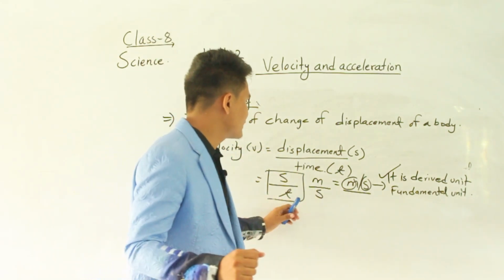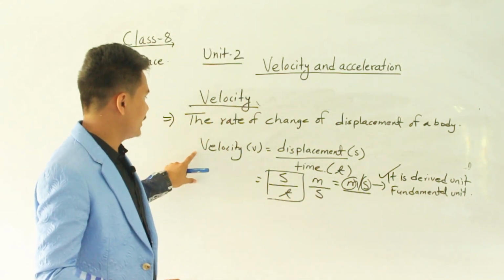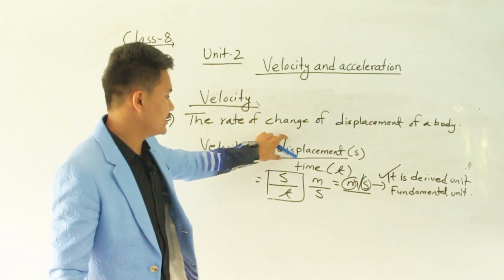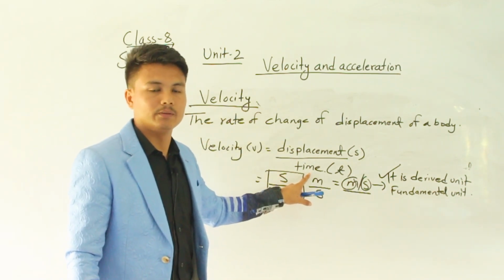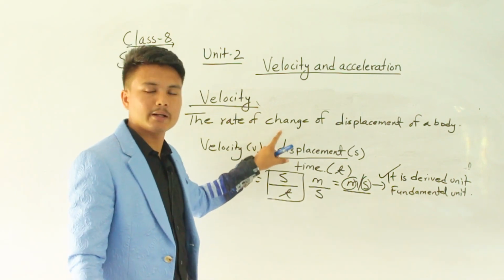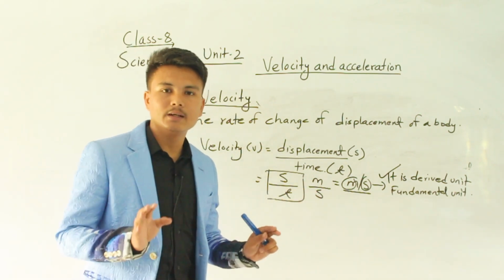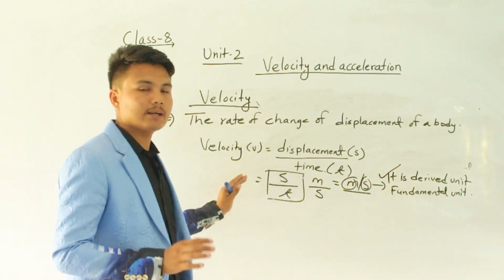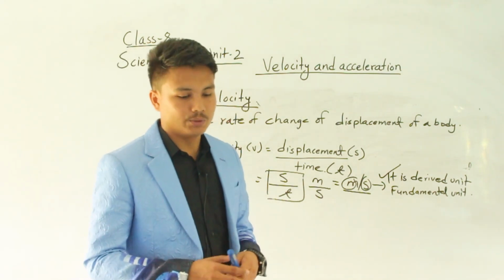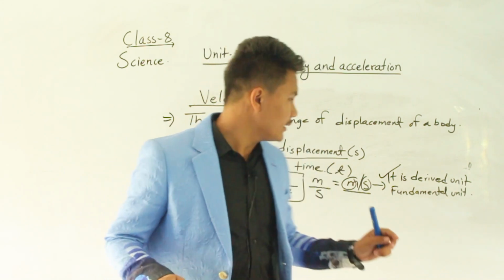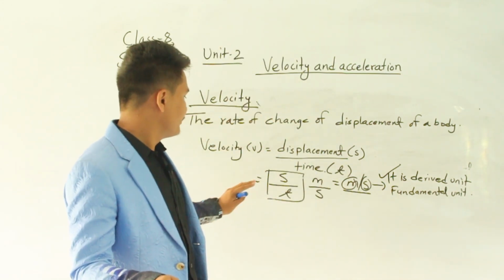I hope you understand what velocity is, the formula of velocity, and the SI unit of velocity. The formula of velocity is displacement upon time and its SI unit is meter per second. Clear? Good. So this is the definition, formula and SI unit of velocity.